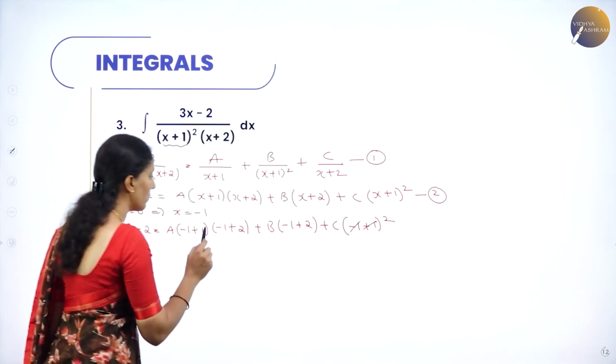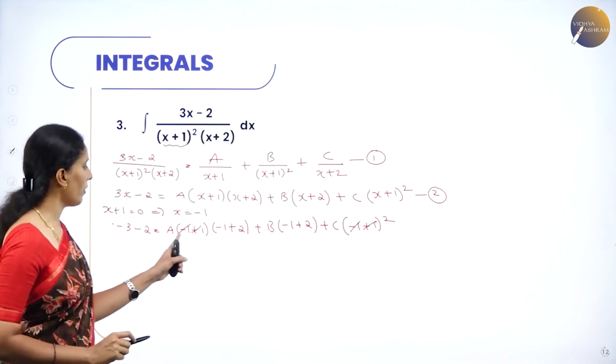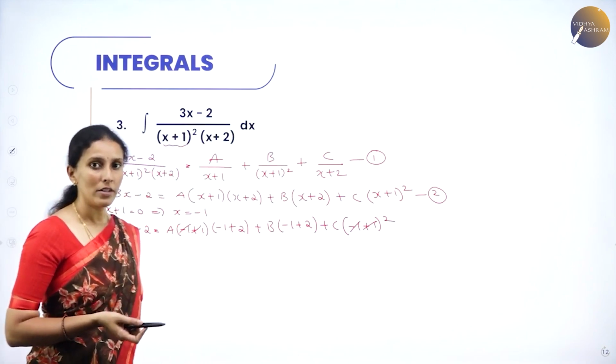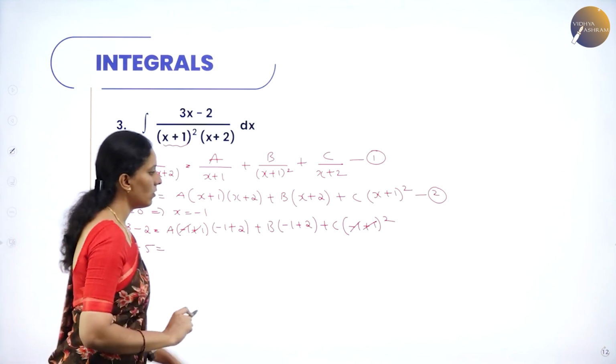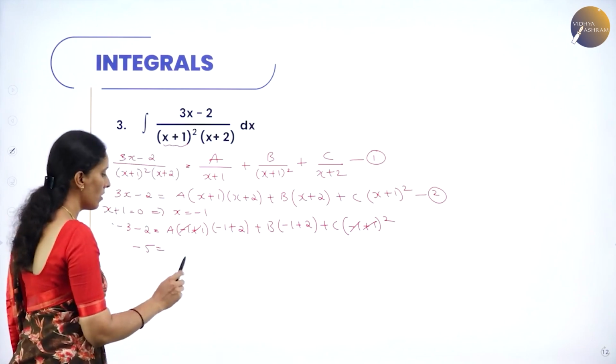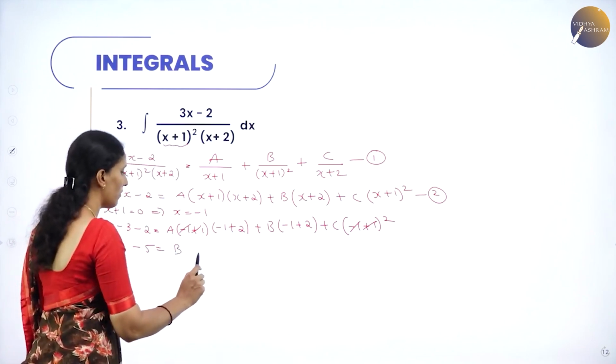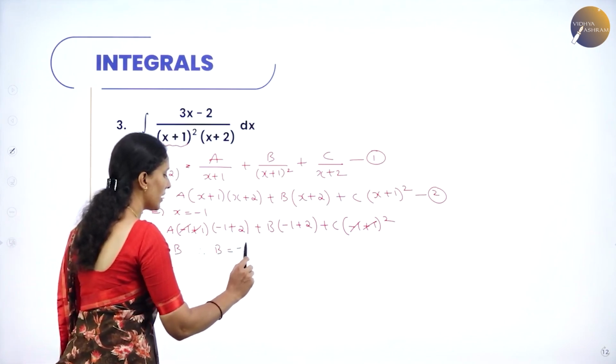Wherever you have minus 1 plus 1, that term becomes 0. So here you have minus 5 equals 0 plus b, since minus 1 plus 2 is 1 and 1 into b is b. So therefore, the value of b is minus 5.